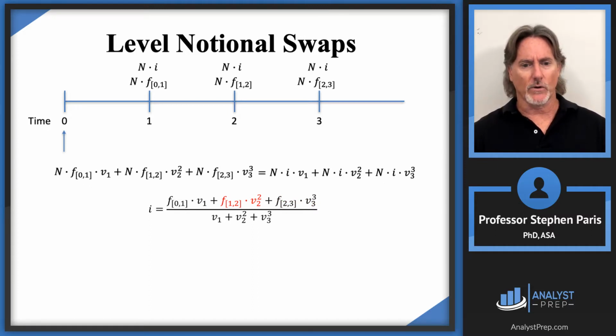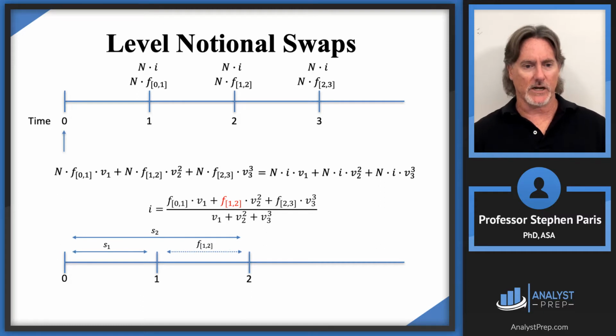Let's look at the forward rate from time 1 to time 2. Let's start with that expression. Well, to get the forward rate from time 1 to time 2, I do that by using the spot rate from time 0 to time 2 and the spot rate from time 0 to time 1. So this is my picture to get the forward rate from time 1 to time 2.